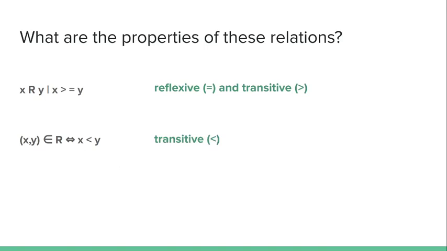It's not reflexive because if x is less than y, that means we never pair a value with itself. 1 is not less than 1. 2 is not less than 2. And it's also not symmetric because 1 is less than 2 and 2 will never be less than 1. So it is only a transitive relation.